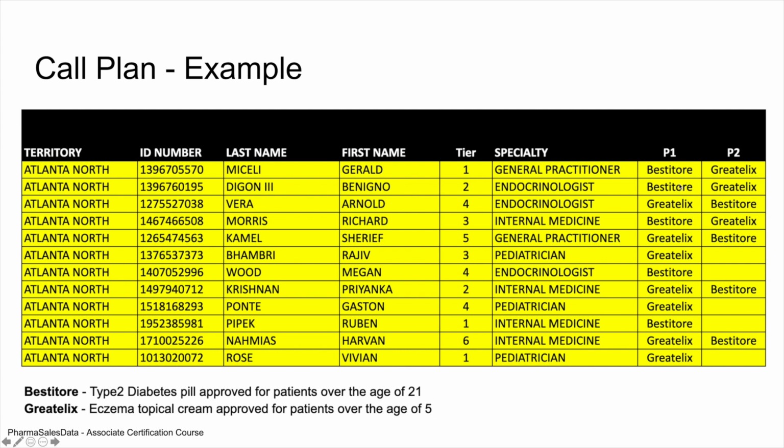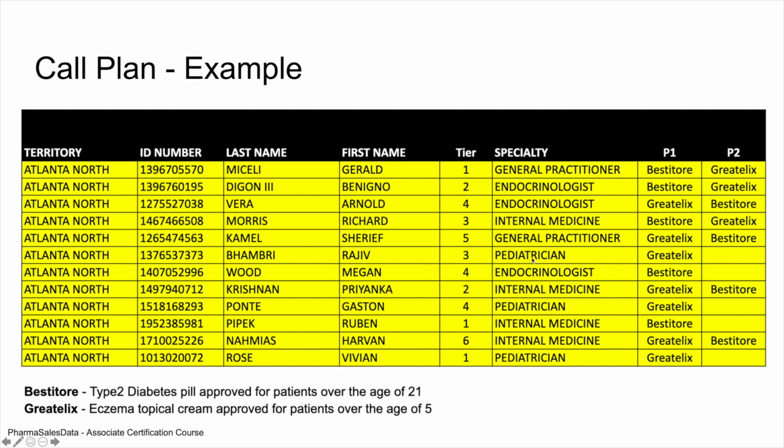Therefore, you can promote Bestator and Gradalix to those HCPs. Your company has told you to promote Bestator to Dr. Maselli and Dr. Dijon in the first position and Gradalix in the second position. For Dr. Vera, promote Gradalix in the first position and Bestator in the second position.